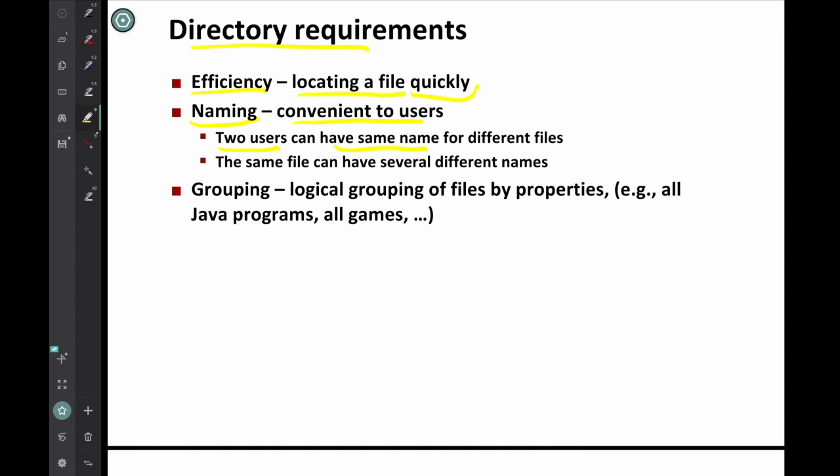Your hello world should map to a different file than your friend's file that shares the same name. Or the same file can have several different names. And there's some sort of logical grouping of files by properties, like all programs, all games, and so on.